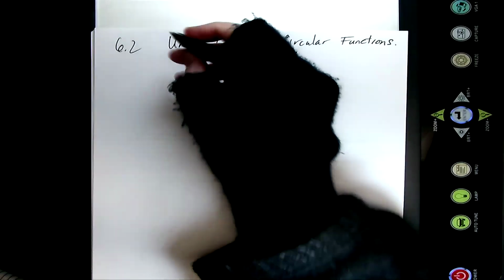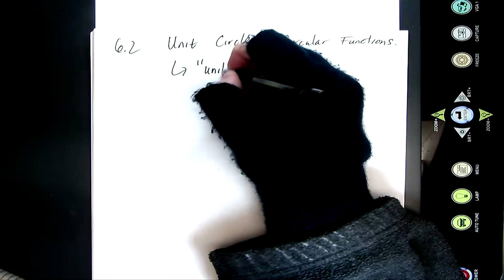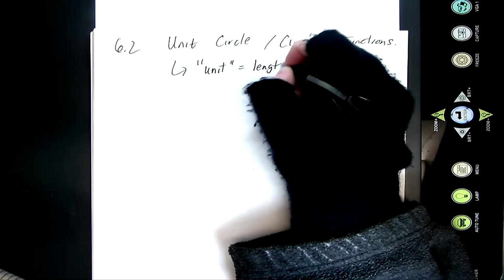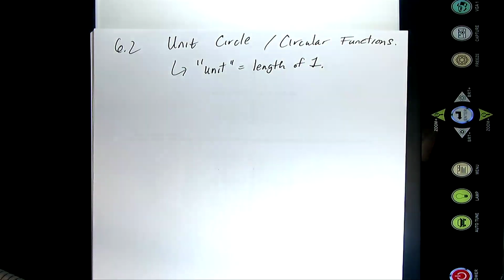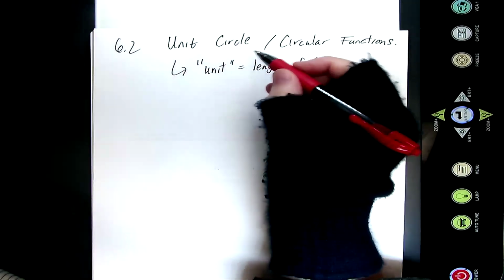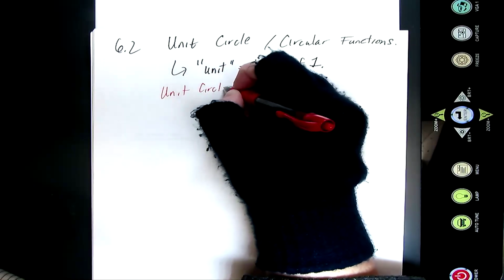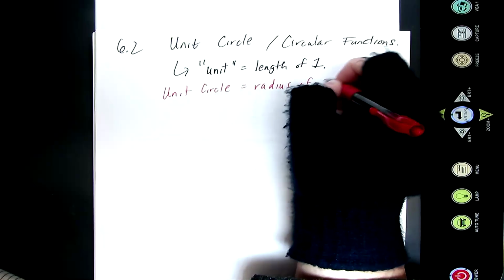So what is a unit circle? When you see the word unit in math, unit means length of one. How that corresponds to a circle: the unit circle has a radius of 1, whatever the unit.